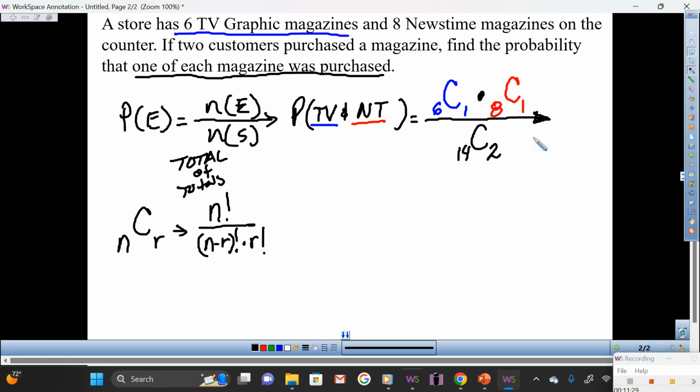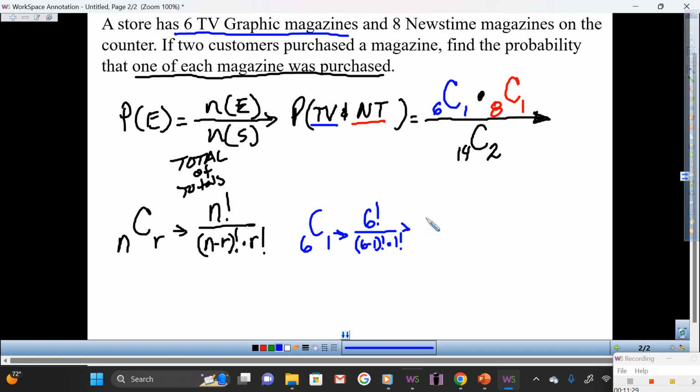All right, let's see. I'm going to do the one in blue. Let's see if you're following along. We got 6 combination 1. You should have written 6 factorial over 6 minus 1 factorial times 1 factorial. Yes?